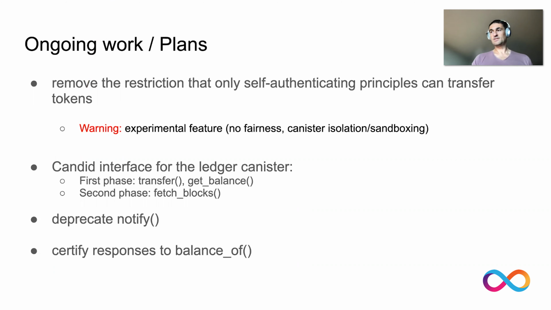One can work around it by either making a replicated query, or making multiple queries to multiple replicas. But we've also been discussing adding this information to the data that is being certified by the ledger canister. So then if you ask, give me the balance of a certain address, you get the balance together with the certificate that the balance is what it is, or the state that is in the ledger at the time.